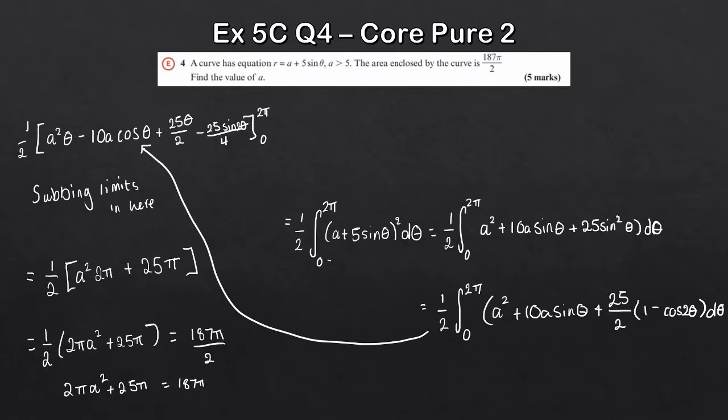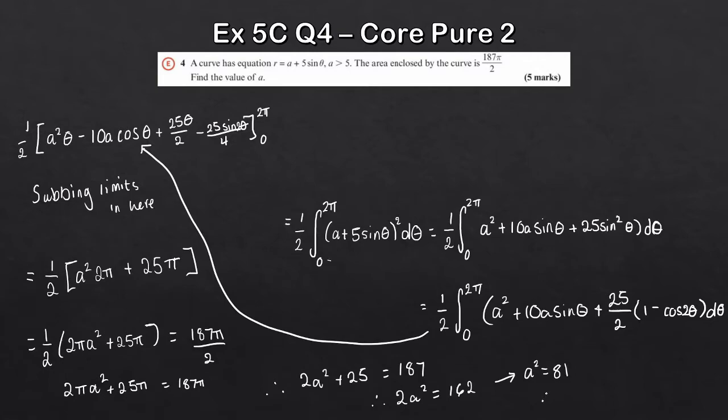Now I can divide both sides by pi. Therefore, 2a squared plus 25 is equal to 187. Subtract 25 off both sides, 162. Divide both sides by 2, so a squared is equal to 81.